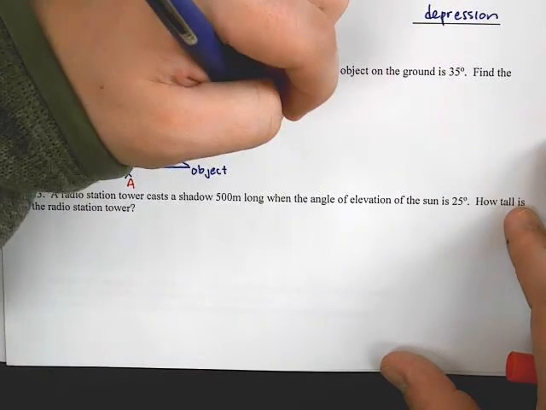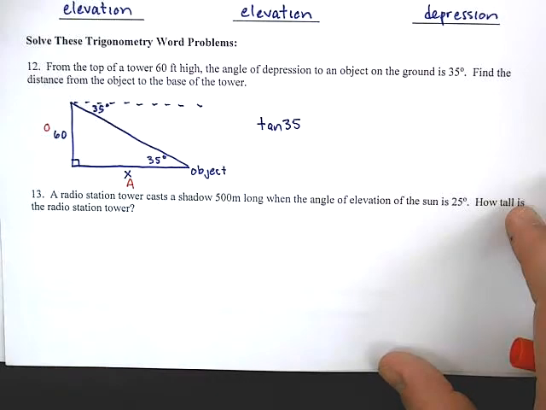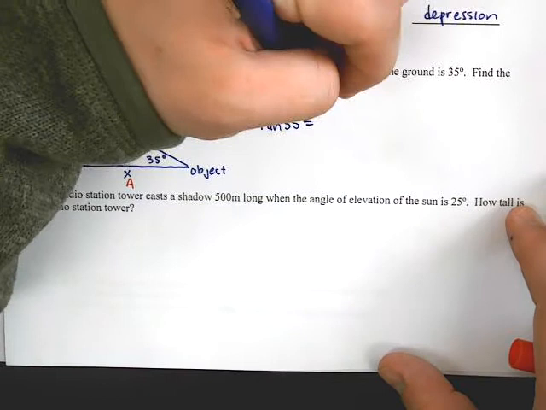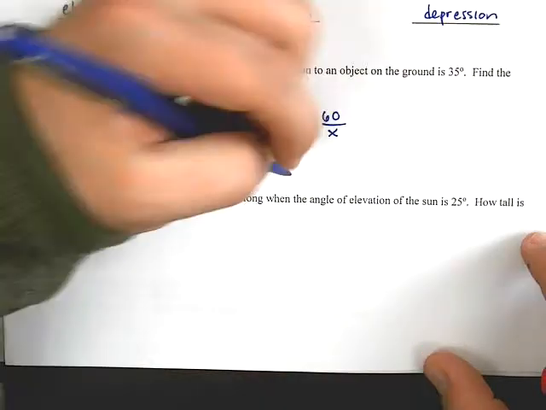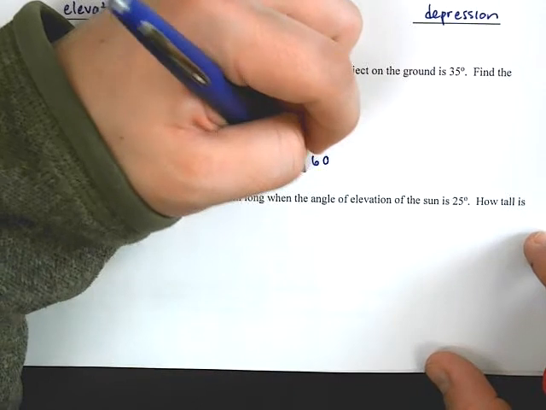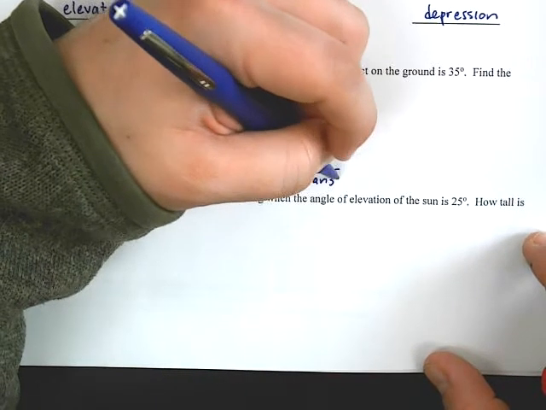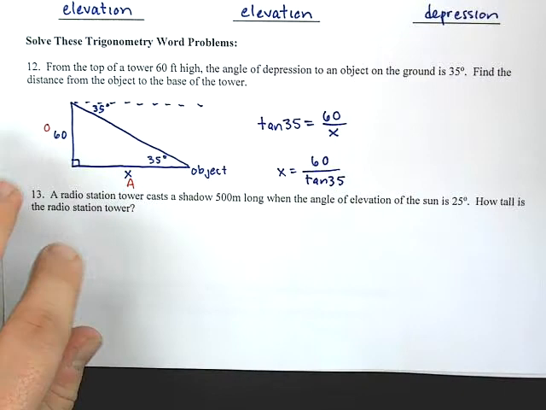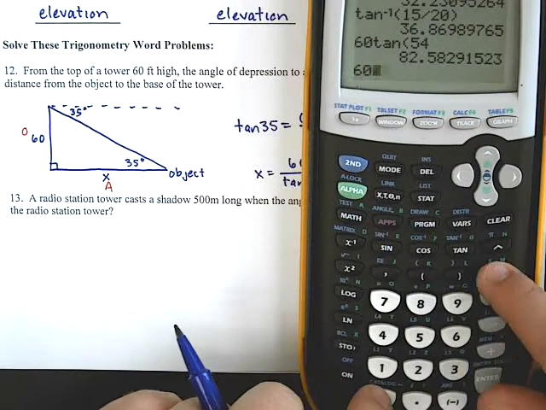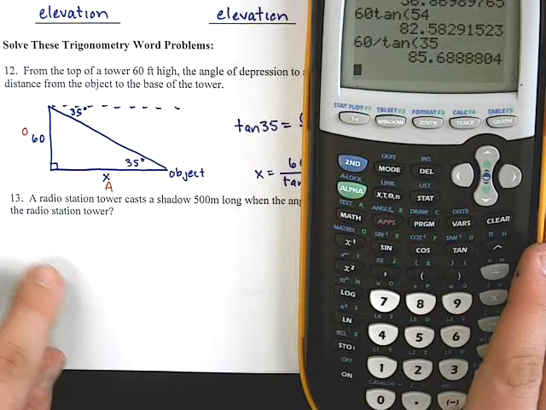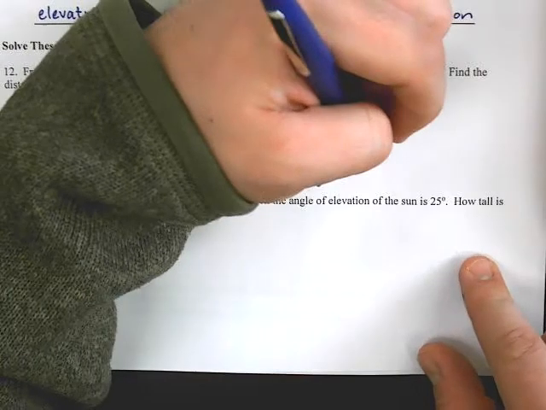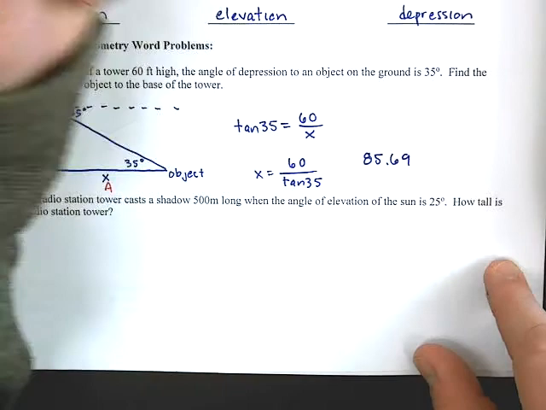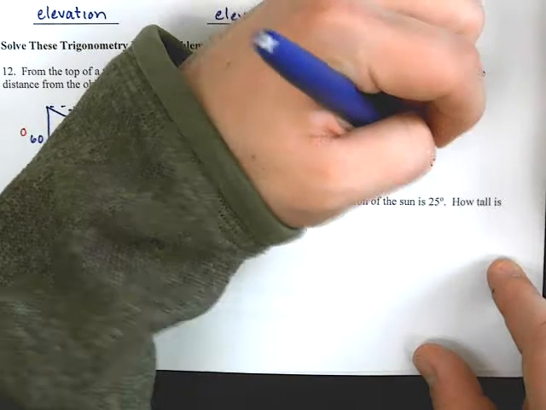The tangent of 35 degrees should equal 60 over x. So x will equal 60 over tan 35. 60 divided by tan 35 is 85.69, and we are in feet.